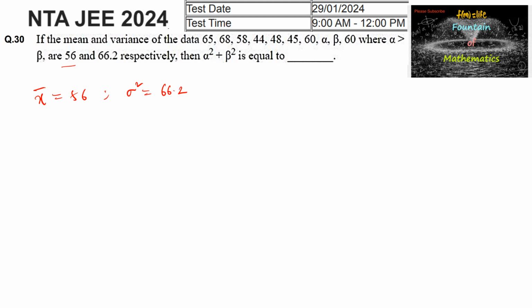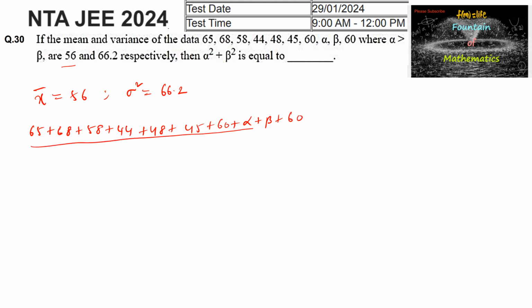And here the mean is 65 plus 68 plus 58 plus 44 plus 48 plus 45 plus 60 plus alpha plus beta plus 60 upon the number of observations, which are 1, 2, 3, 4, 5, 6, 7, 8, 9, 10, which is equal to 56.